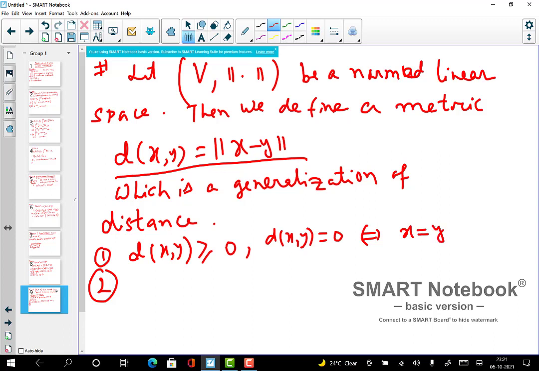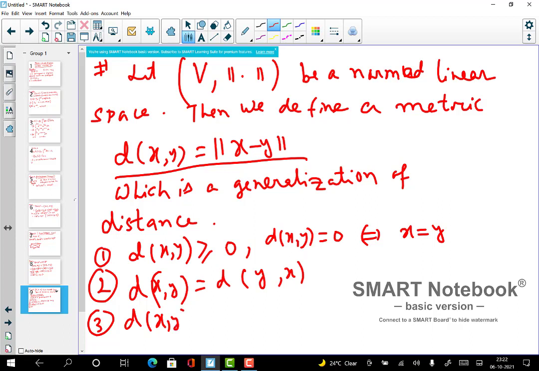Okay, only one case, and this is always symmetric. Okay, number 3, there is something called the triangle inequality. What does that mean? It means that d(x,y) is less than or equal to d(x,z) plus d(z,y).